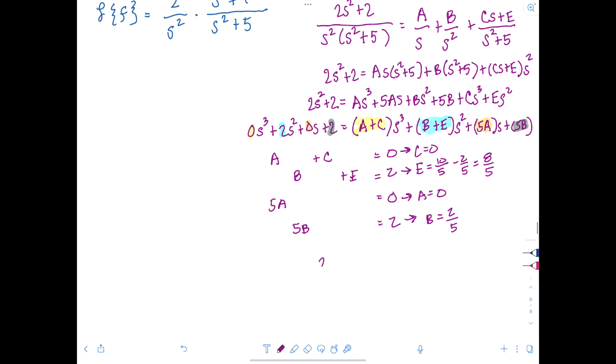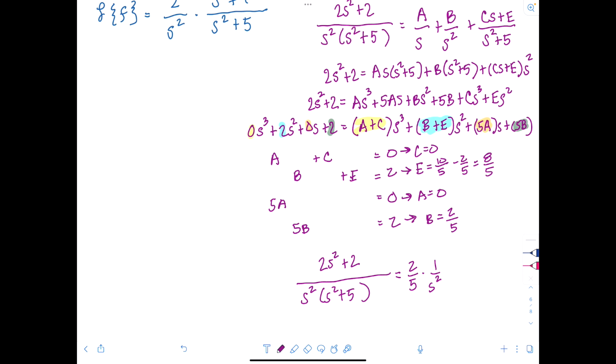So at the end of the day, (2s squared plus 2) over s squared times (s squared plus 5) is going to equal, remember A was zeroed out, so 0 over s is just 0. And B we'll have B over s squared, so we have 2/5 times 1 over s squared.